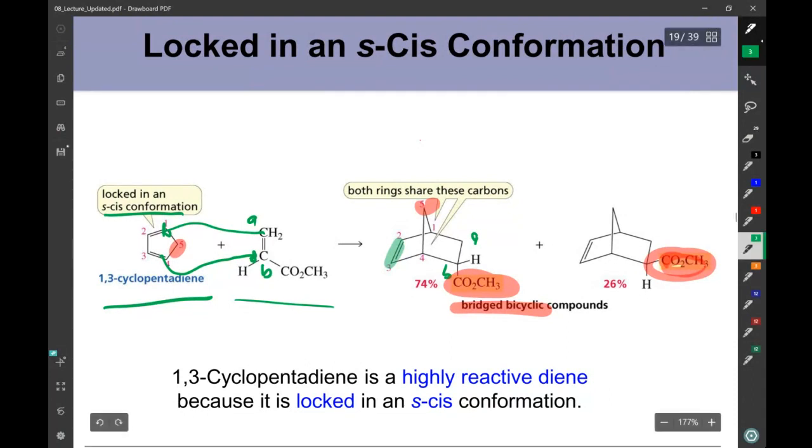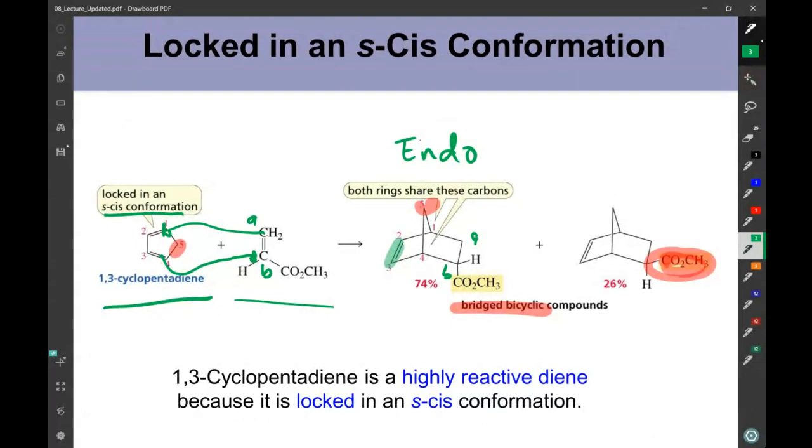And so, in chemistry, remember, we like to give names to things. We like to describe things by their name. And so, the one in which the carbonyl group is pointing downward, meaning this guy here, usually we refer to this as the endo product. Endo, meaning inside.